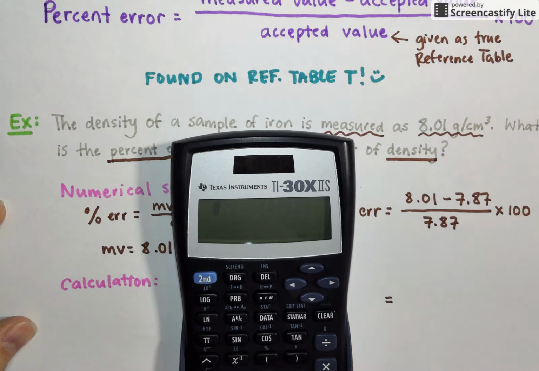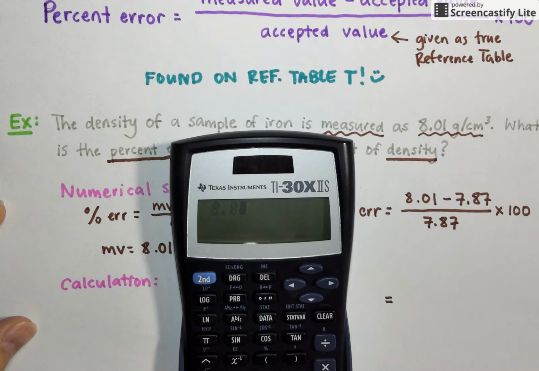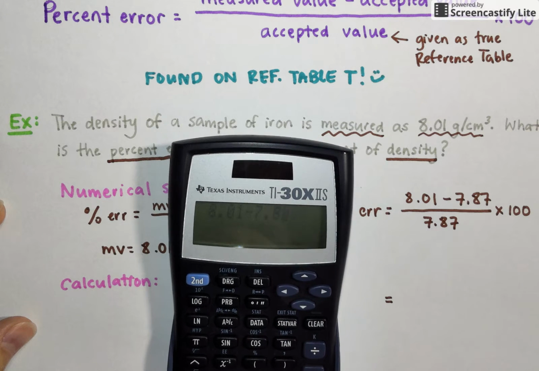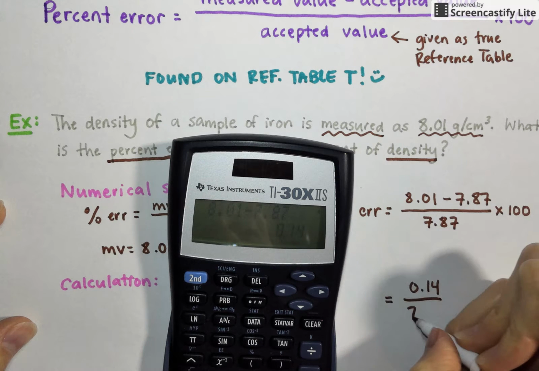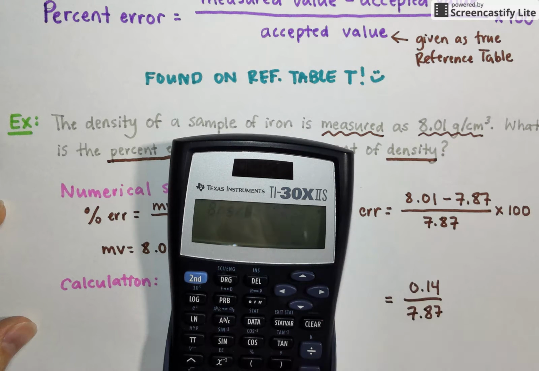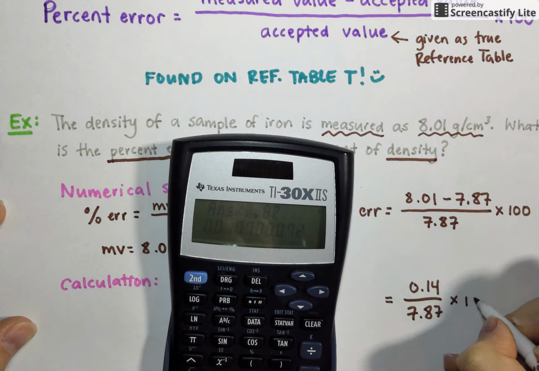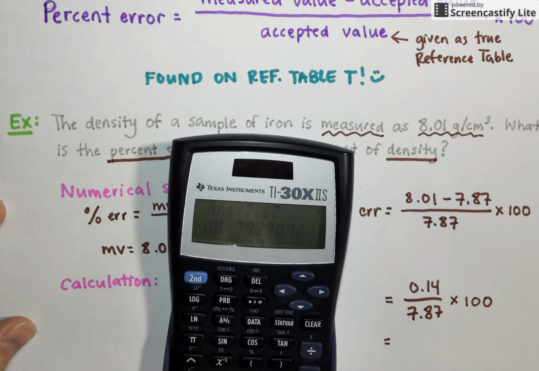I'm just going to do it step by step and see that 8.01 minus 7.87 is a value of 0.14. I can divide that number by 7.87 and then multiply that times 100 to get my final result. I get 1.78. I'm going to round to the nearest hundredth percent error.